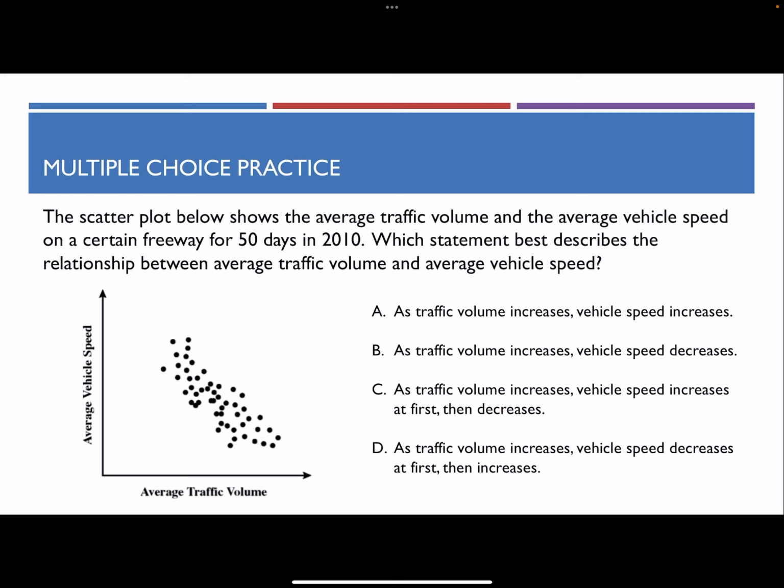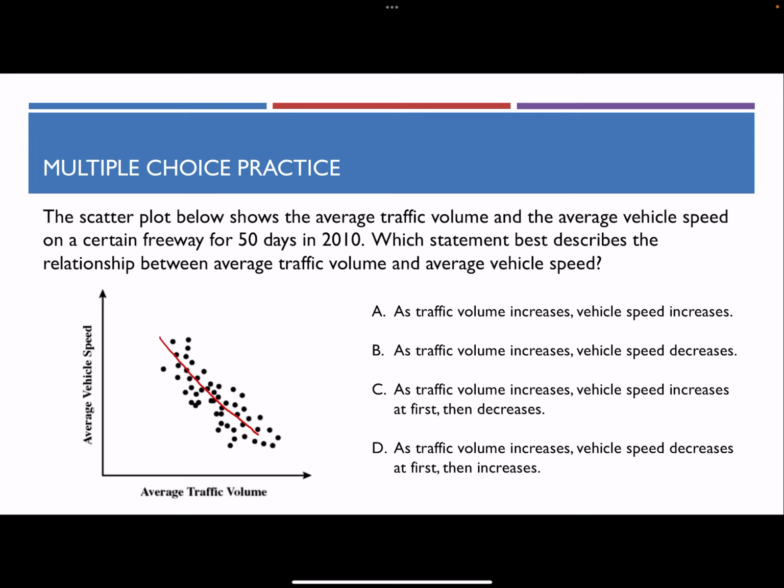All right, try this one. So the scatter plot shows the average traffic volume and the average vehicle speed on a certain freeway for 50 days in 2010. Which statement best describes the relationship between average traffic volume and average vehicle speed? So if you look at your answer choices, it talks about as traffic volume increases, what happens to the vehicle speed. So look at the slope or at the pattern.